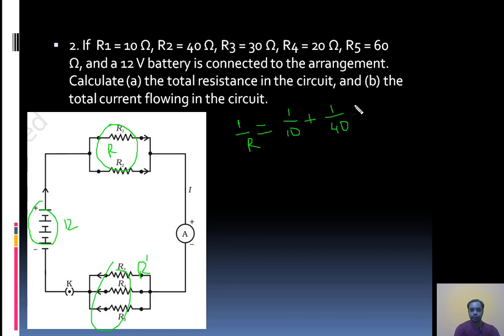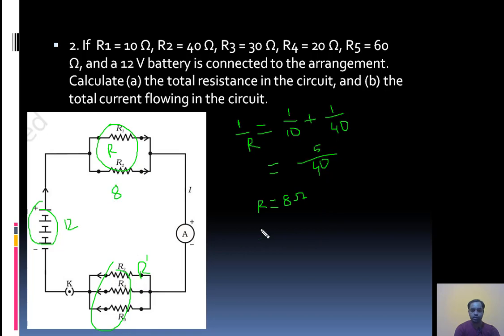Okay. So if you solve this one, 5 divided by 40. So here R will be equal to 8 ohm. So here the resistance is 8 ohm.